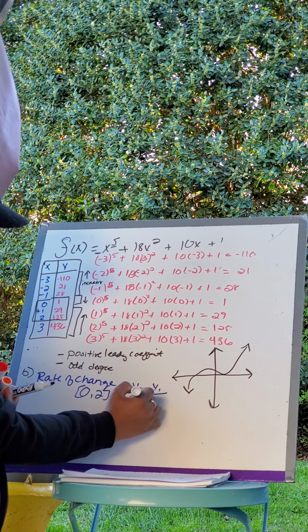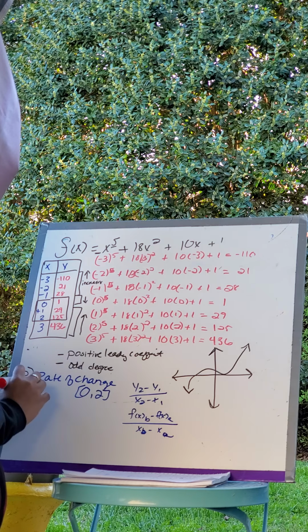So we have our ordered pairs. Let's start with our ordered pair. Our first ordered pair is going to be 0, 1, and our other ordered pair is 2, 125. And like I always tell you to do, label them. So this is my x1, my x2, my y1, my y2, and let's put this in.